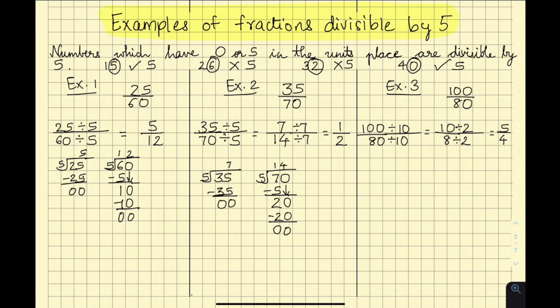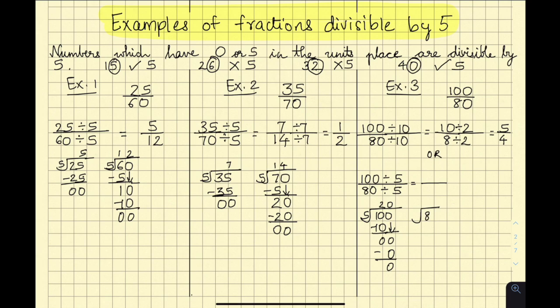The other way around, which is a little longer, one step more: 100 over 80. Both have got 0 in the unit place, they both can also be divided by 5. So we just divide them, 5 twos is 10, we bring the 0 down, 5 zeros is 0.